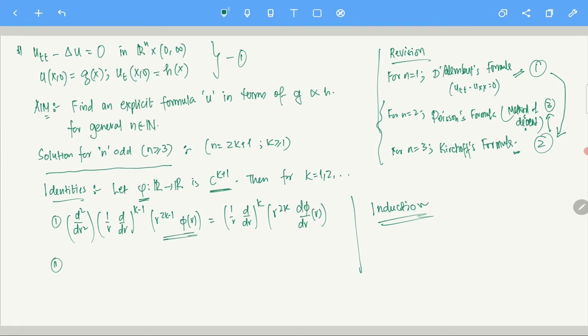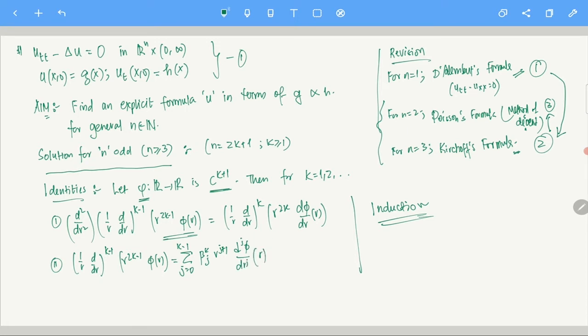Yes. Okay. So now the other identity which we have is (1/r d/dr)^(k-1) of r^(2k-1) phi of r. Okay, this equals the summation j equals 0 to k minus 1 of beta_kj times r^(j+1) d^j phi/dr^j of r.